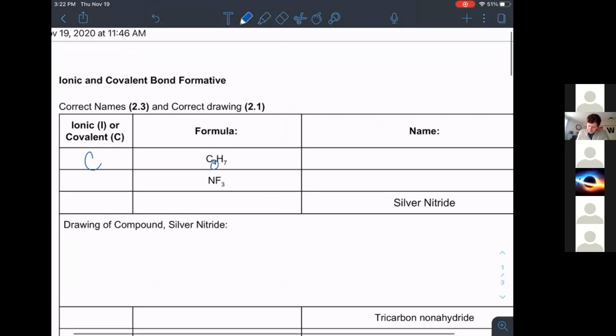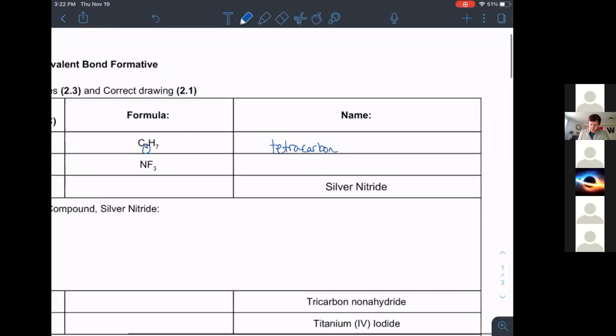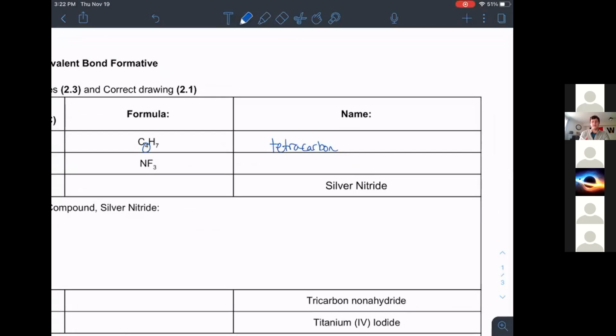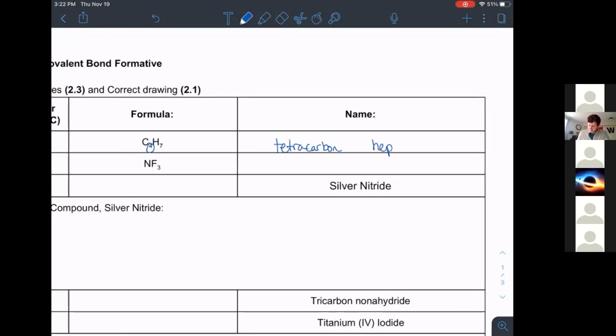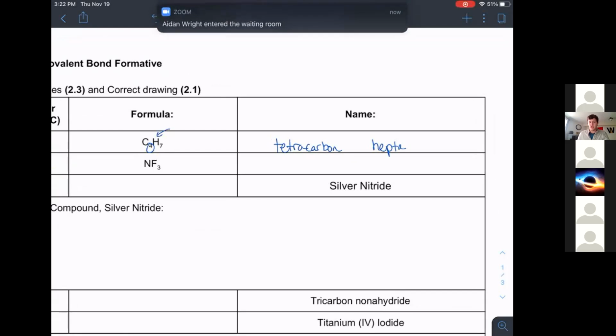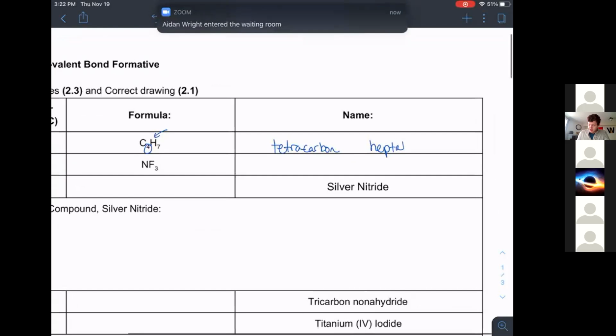So it's going to be tetracarbon, as we just enter in the first element's name. And then it's going to be hepta. And then hydrogen gets its ending changed to IDE. So it's going to be heptahydride.